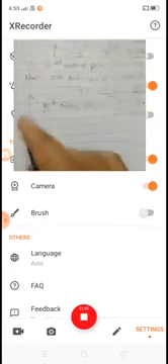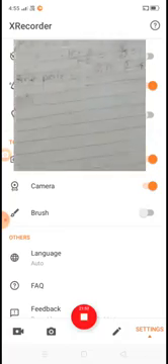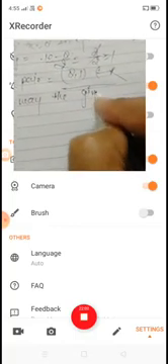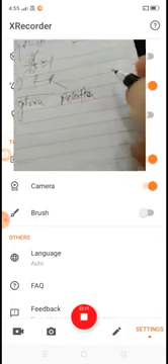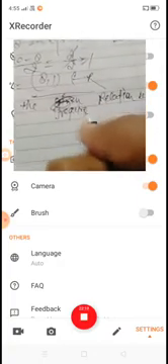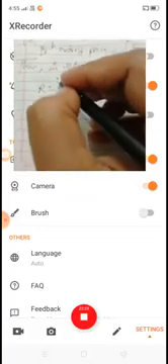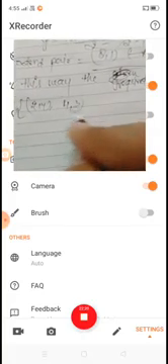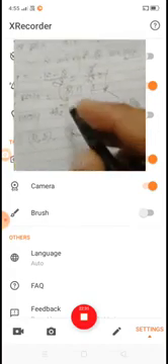Thus, in this way, the required relation will be R is equal to {(2, 4), (4, 3), (6, 2) and finally (8, 1)}.